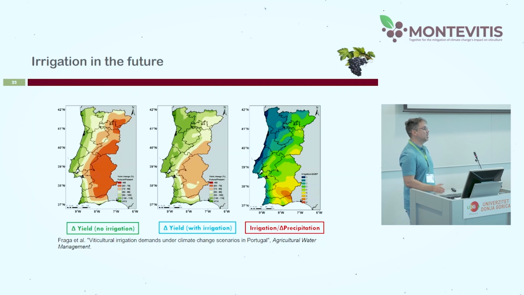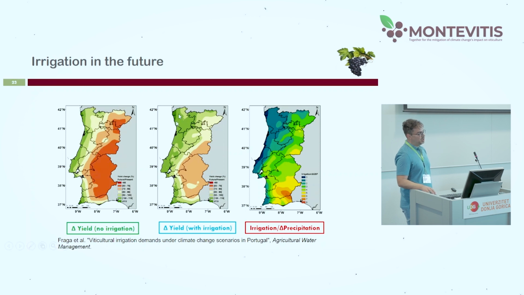So particularly in the inner areas, which are more dry, there is a severe decrease in yield, if non-irrigated, of course. If we apply irrigation, which is this middle map, a smart irrigation, which is only the necessary irrigation for the plant to survive, we can see that we can mitigate this decrease in yields.